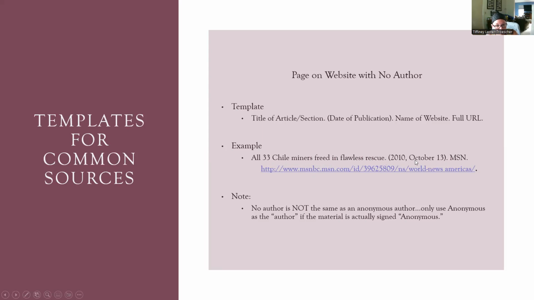Then the date of publication in parentheses. And now I don't put the title again, because normally we start with the author, then the date, then the title. But in this case, I had to start with the title because there is no author. So title, date, website, MSN, period, then the full URL. Right? Now, you might be tempted to say that an article with no author is written by anonymous, but that is not the case.